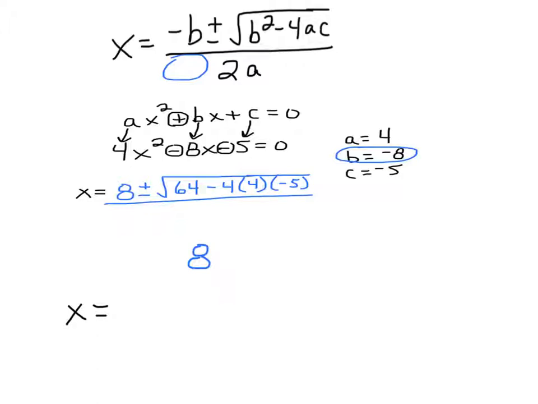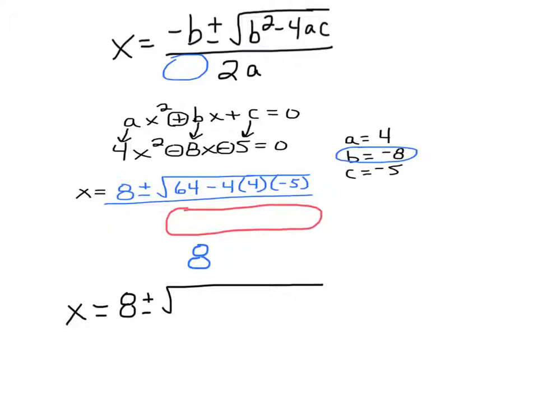I have x is equal to 8 plus or minus the square root of, and now I want to figure out what it's equal to underneath the square root. So I have 64 subtract, and then I'm going to figure out the 4 times negative 5. 4 times 4 is 16 times negative 5 gives me negative 80, and it is all over 8.